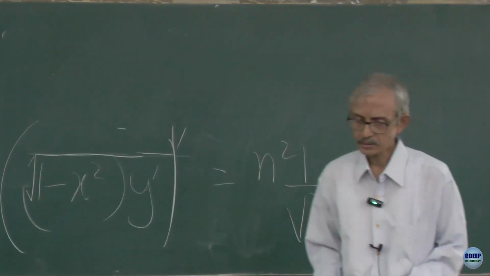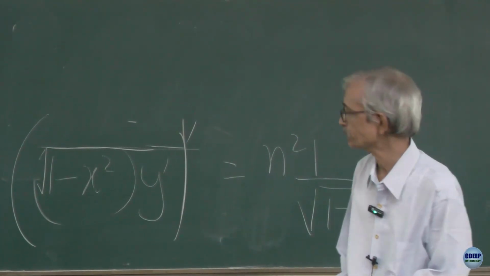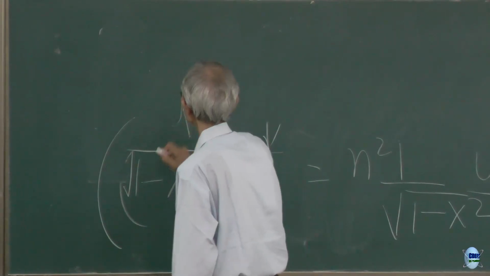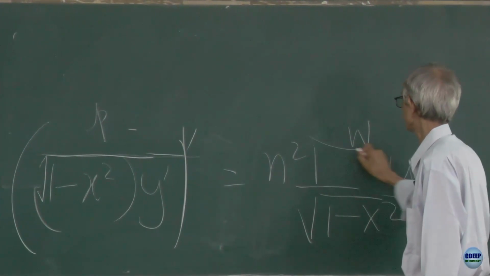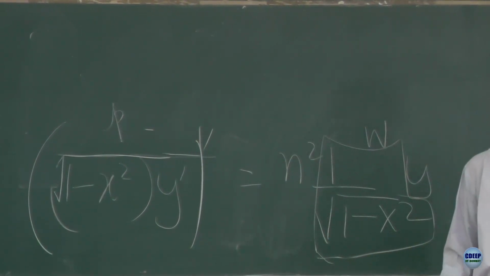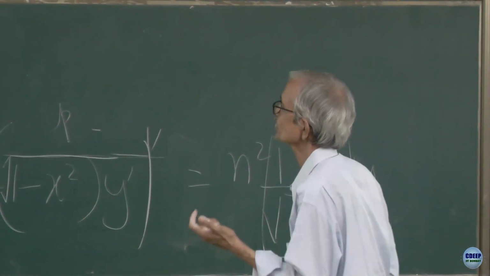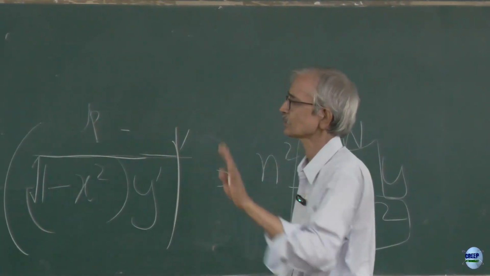The reason I'm showing you this as an example is because now this is my p of x and this is my w. So in this particular example, my w is not equal to 1 anymore. The rest of the algebra is not required.